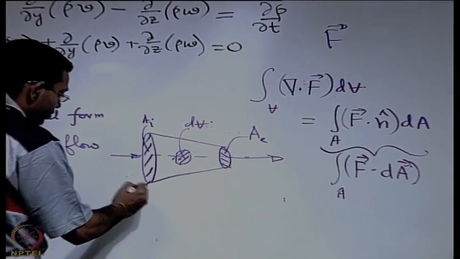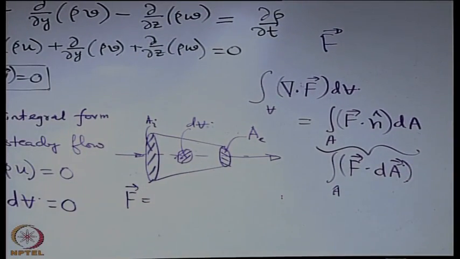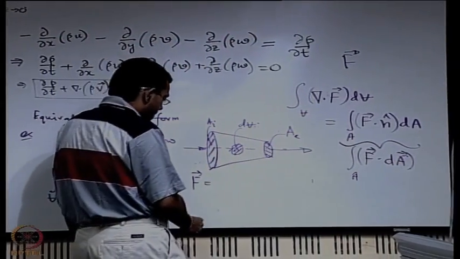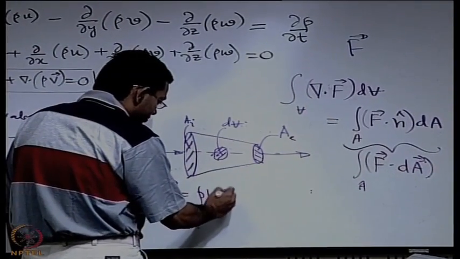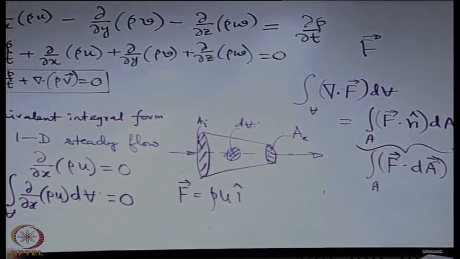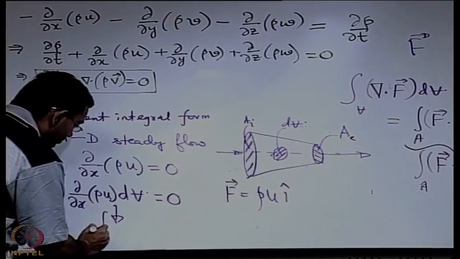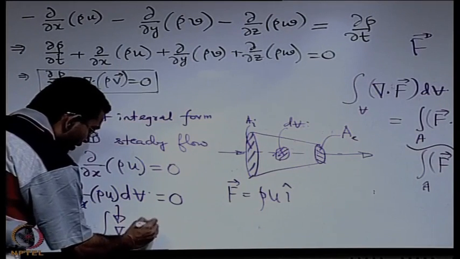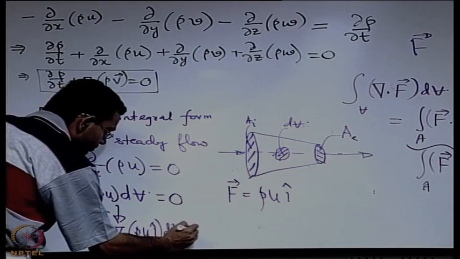What f should you choose such that it is in the form of a divergence? Yes, rho ui. The divergence of that will give you this partial derivative. So we can write this also as the integral of the divergence of rho ui dV.